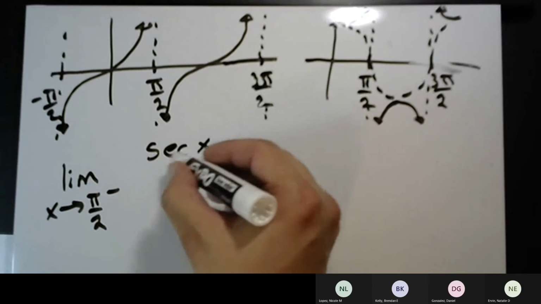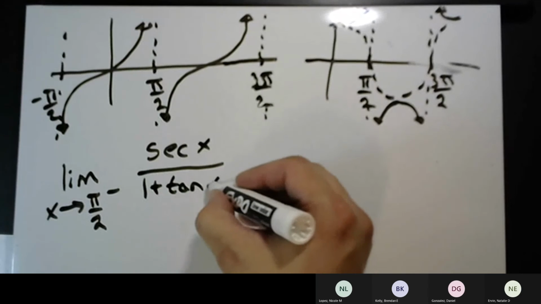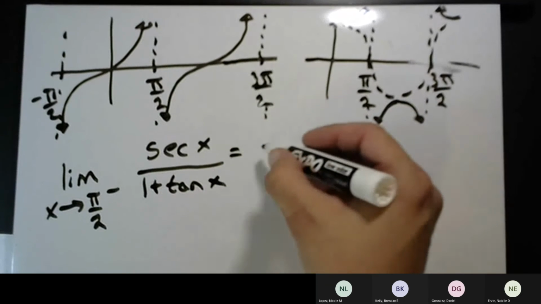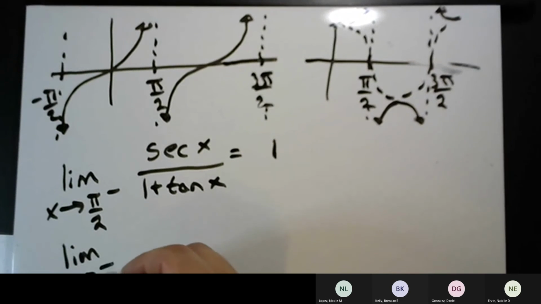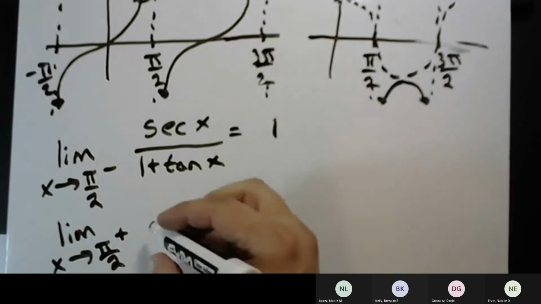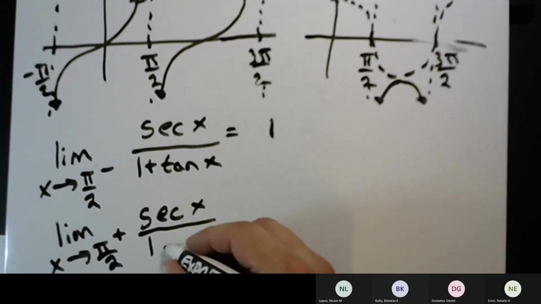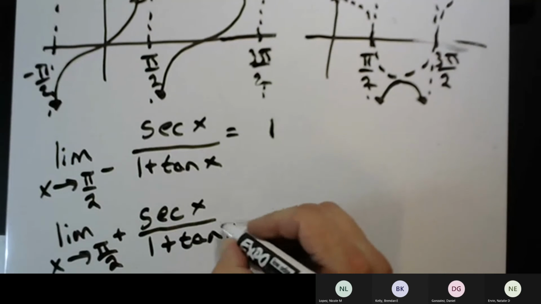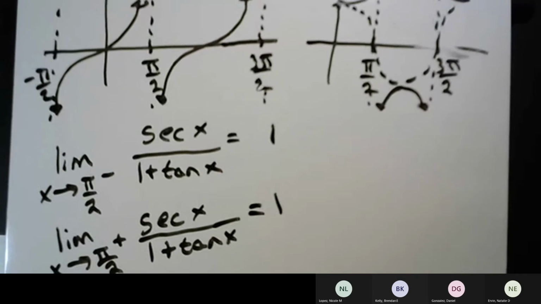What we ultimately found, this turned out to actually be equal to 1. And this one, and again with the help of L'Hopital's rule, that was also equal to 1.